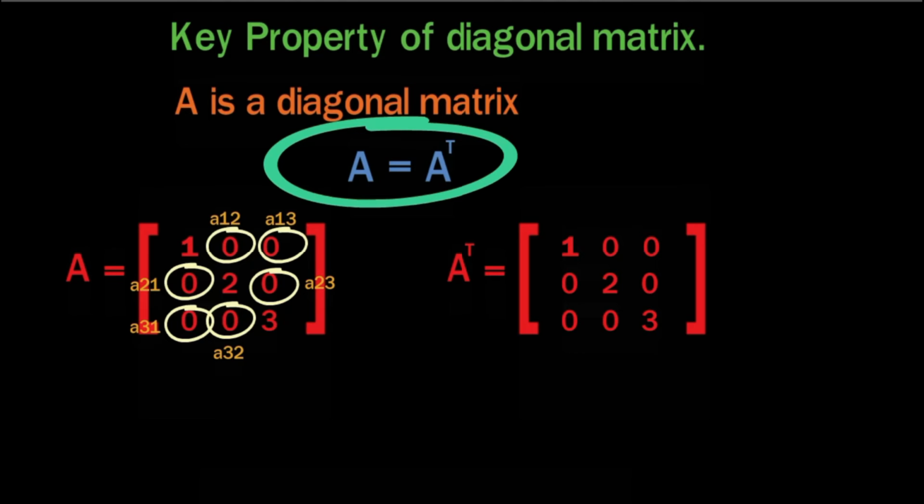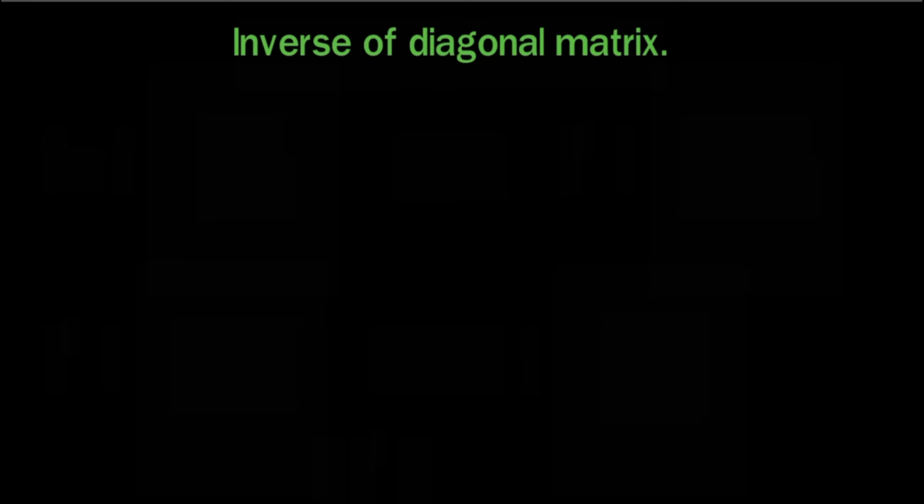So let's calculate the inverse of a diagonal matrix quickly. To remember this, let's say we have a diagonal matrix A. Let's say we have 3 and -1 on the diagonal with 0 elsewhere, which is a 2 by 2 matrix, and it's a diagonal matrix because outside the diagonal the elements are 0.